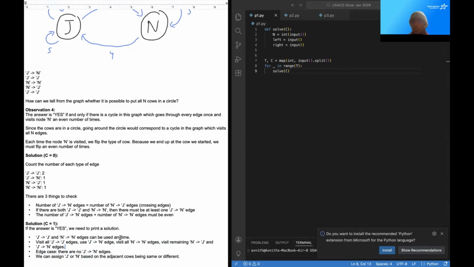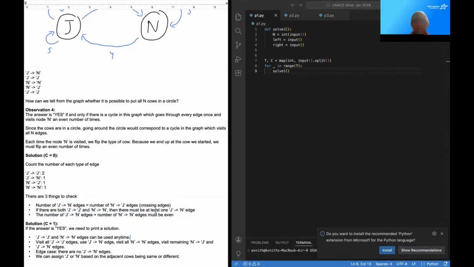So one solution is to first go through all the J to J edges, then go from J to N using one of those edges, and then visit all the N to N self-loop edges. Then we'll be left with NJ and JN edges, and we can just loop between those until we run out. If the graph satisfies the conditions above, this will use every edge and we'll print a valid solution.